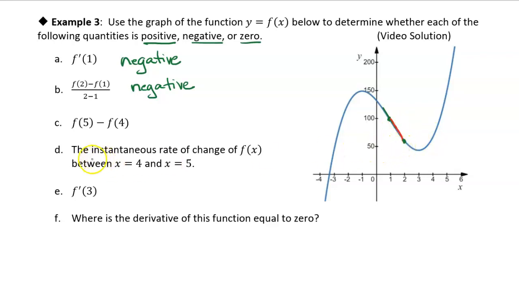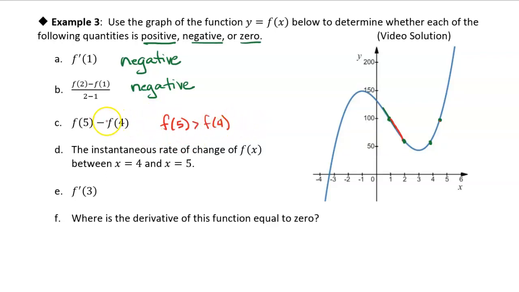All right, next one is asking us to look at f of 5 minus f of 4. Well, here's f of 5 right here, and here's f of 4 here, and I could draw a line between those 2 points. Now, I don't really have to draw a line because this is not the slope, right? This is just the absolute change, right? Now, it looks like f of 5 is greater than f at 4.